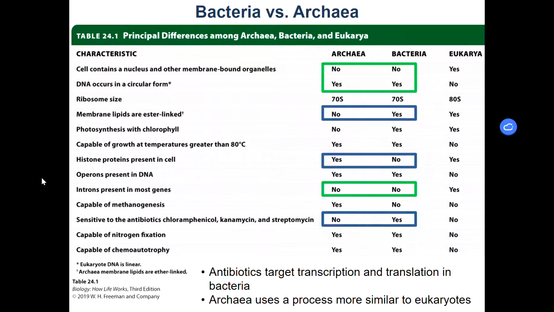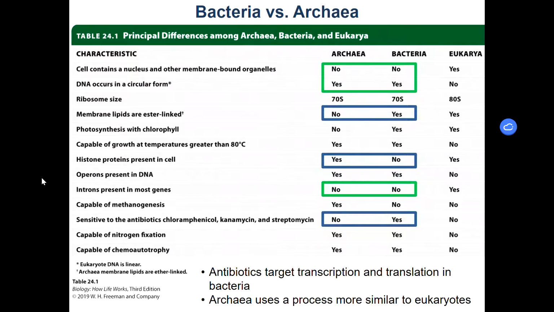One difference they have is that their membrane lipids are not ester-linked, and we'll talk more about that next class when we talk about how these organisms are related to eukaryotes. Same thing with their histone proteins. That's different. One thing that they have in common is they do not have introns present in their genes, so their genomes are much smaller. They don't have extra stuff.